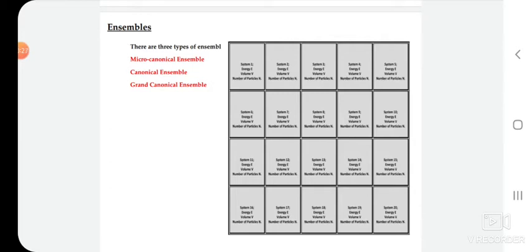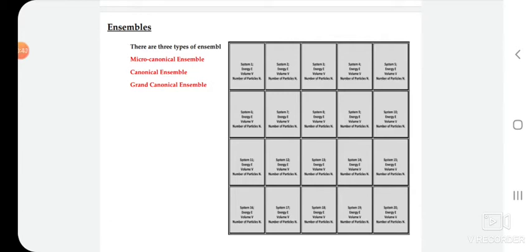The ensembles have three types. One is microcanonical ensemble, second canonical ensemble, and third grand canonical ensemble. So let us discuss one by one.